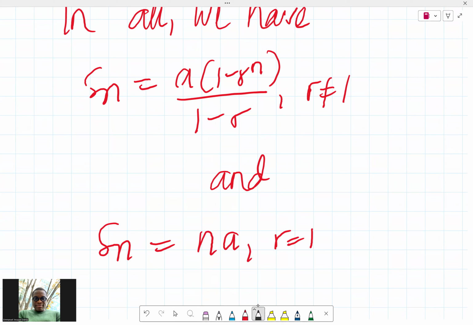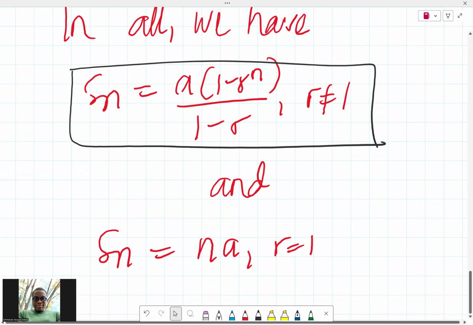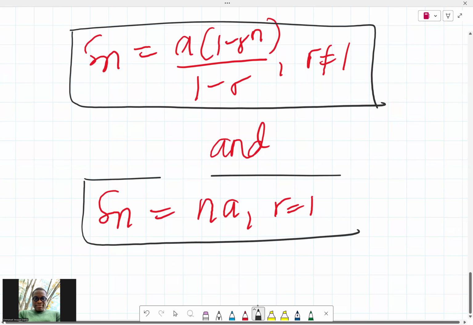Okay, so these are the two expressions for the sum of the first n terms of a geometric sequence. And that's how that's done.